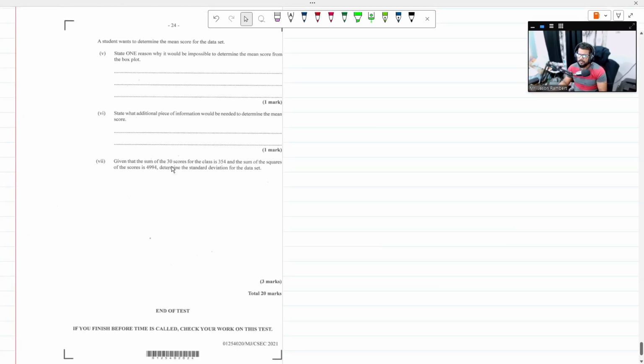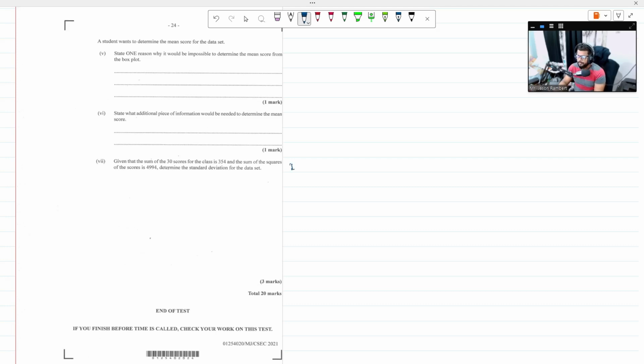Given that the sum of the 30 scores, and the sum of the squares of the scores, is given, calculate the standard deviation. So for standard deviation, we could get a mean from this.